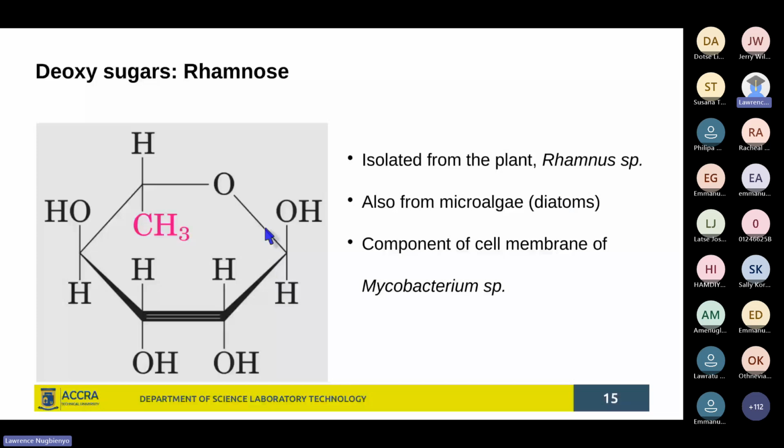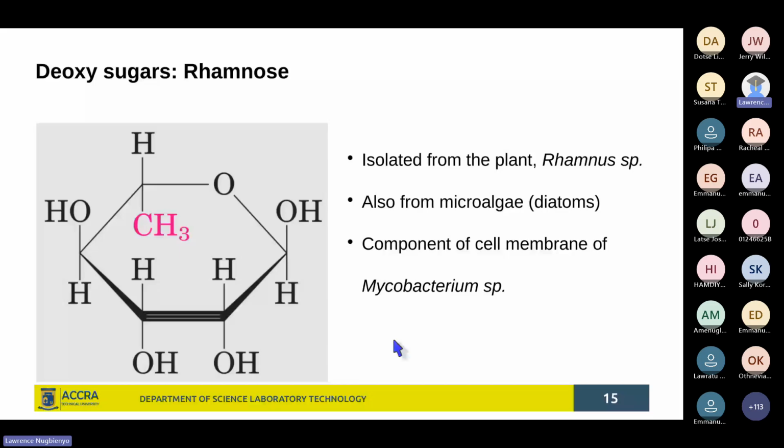It's also found in some microalgae, and it's a major component of some bacteria, the Mycobacterium species, the bacteria that causes tuberculosis, Mycobacterium tuberculosis. So you can find rhamnose in abundance in the cell membrane of this Mycobacterium, and some biochemical tests for the sugar are used to determine infections of Mycobacterium.